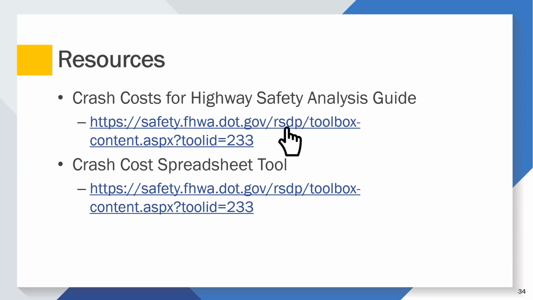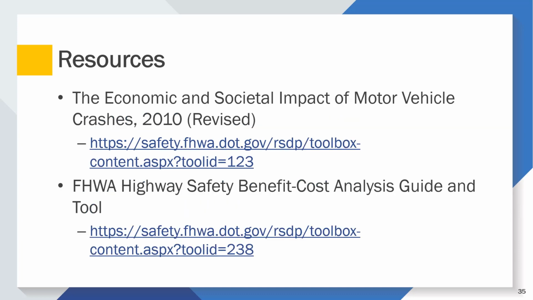The first resource is the FHWA Crash Costs for Highway Safety Analysis Guide. The guide has much more information about crash costs and the calculations implemented in the spreadsheet tool. The second resource is a link to the Crash Cost Spreadsheet tool. For details about the original 2010 person injury cost estimates from NHTSA, refer to NHTSA's report linked here.